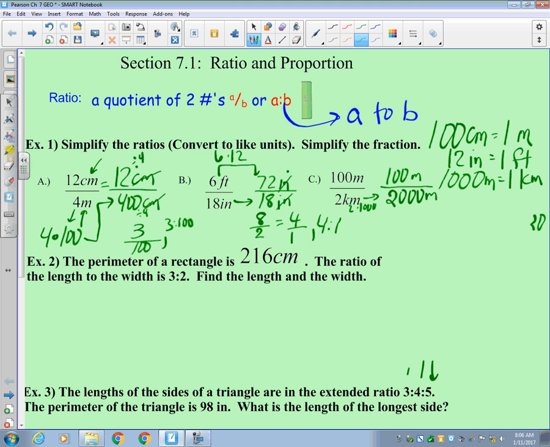Now that we have the same units, we can apply the proper ratio. I like to cancel the zeros. 1 zero on the top cancels with 1 zero on the bottom. It's the same as dividing by 10 each time you cancel out a zero. And at the end of the day, we get 1 to 20.